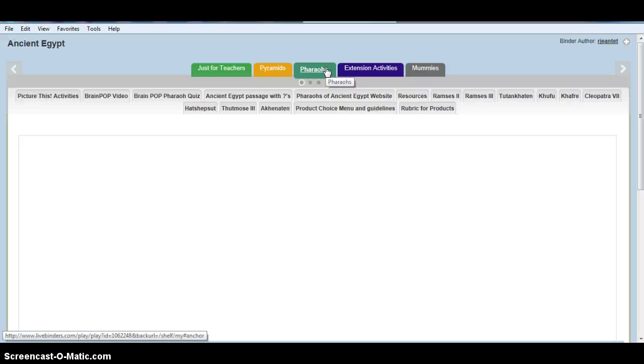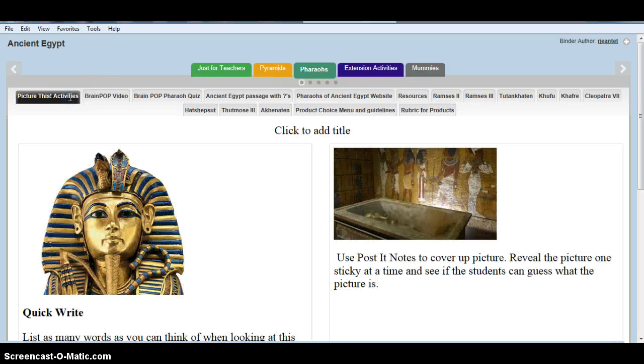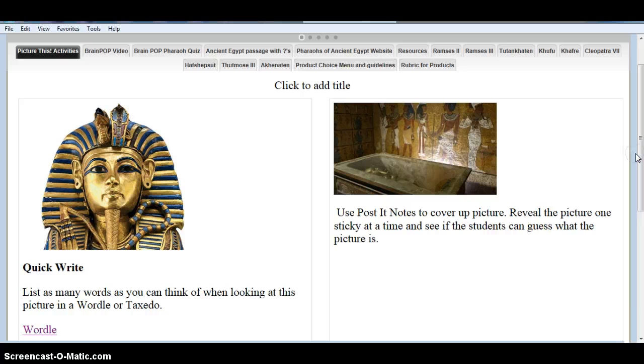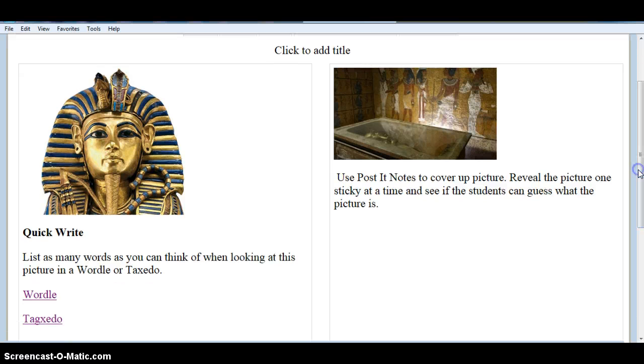So in order to start the unit, I did a picture this activity. I showed students a picture of a pharaoh to get some prior knowledge, some background to see what they already knew about pharaohs, which surprisingly was not a whole lot. That's all I showed them, just the picture of the pharaoh. They had their laptops up, and I believe we used Tagxedo for this activity.